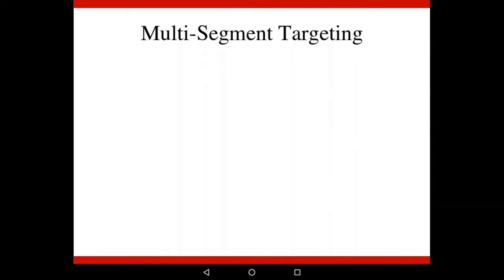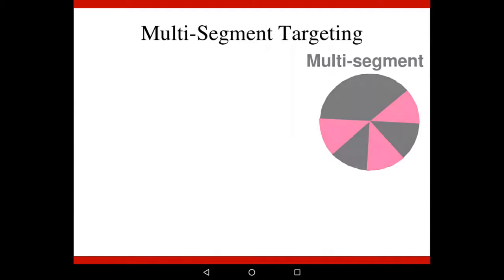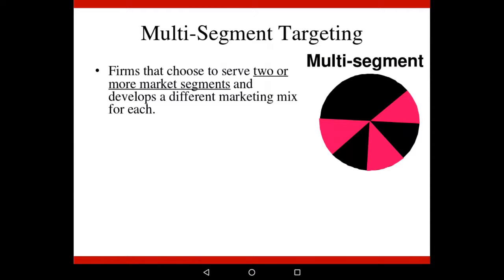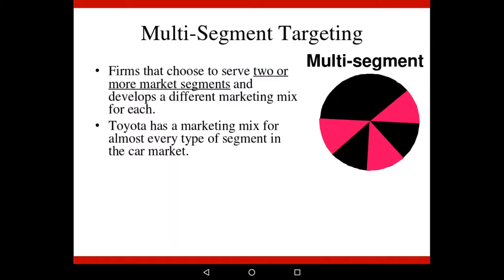Then we have multi-segment targeting. This is where the firm chooses to serve two or more market segments and develops a different marketing mix for each of those segments, like I showed you with the Mr. Price example, and the different marketing mixes for the different girl age groups. Toyota has a marketing mix for almost every type of segment in the car market.